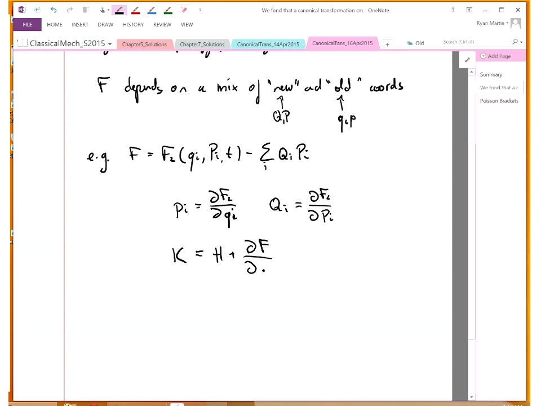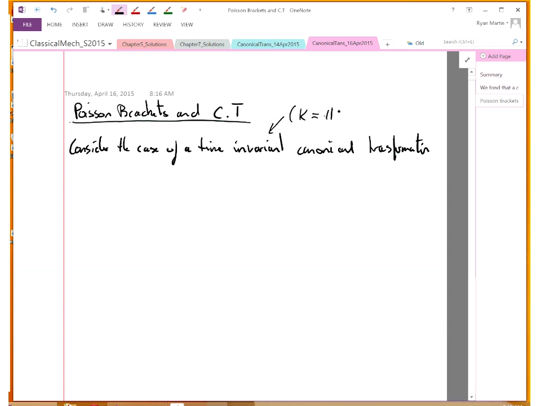I guess that brings up the point that I forgot to say, that the new Hamiltonian capital K is given by the old Hamiltonian plus the partial time derivative of that generating function. So if that generating function doesn't depend on t, then the new Hamiltonian K is equal to the old Hamiltonian H. So that's what I mean by a time invariant canonical transformation.